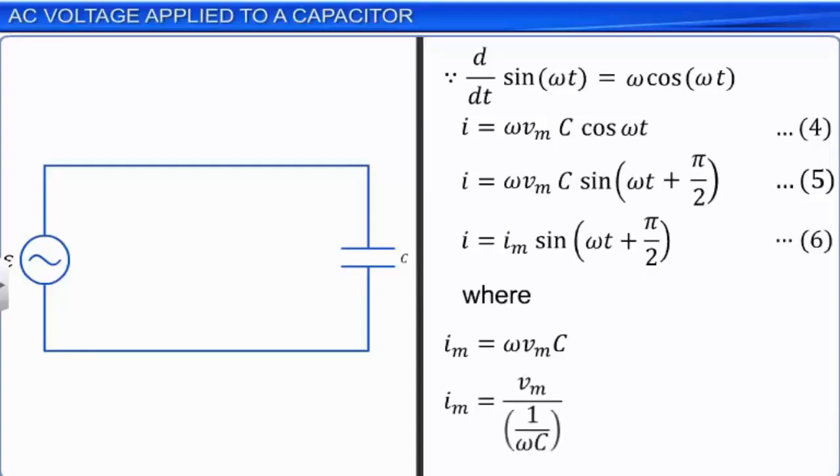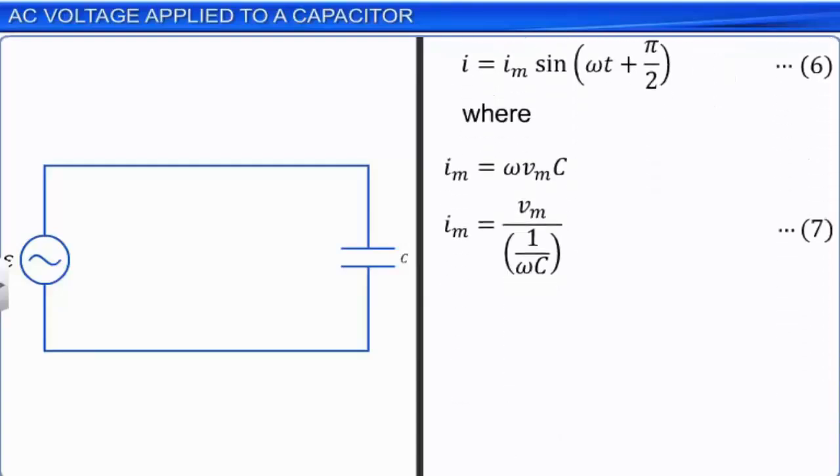Here, 1/ωC is analogous to resistance and is called capacitive reactance. Capacitive reactance is denoted by Xc. Hence, capacitive reactance is given by the inverse of the product of angular frequency ω and capacitance C. Let this be equation 8.